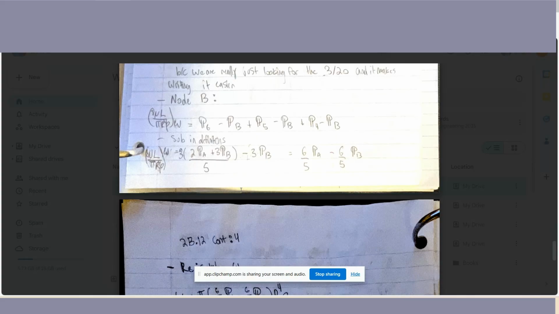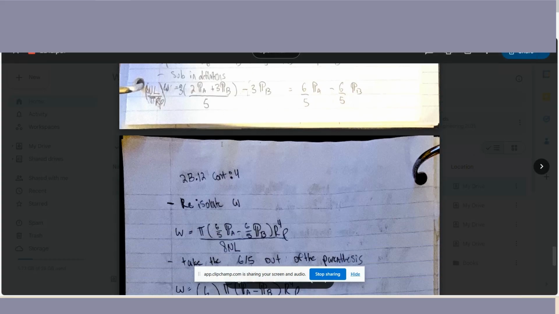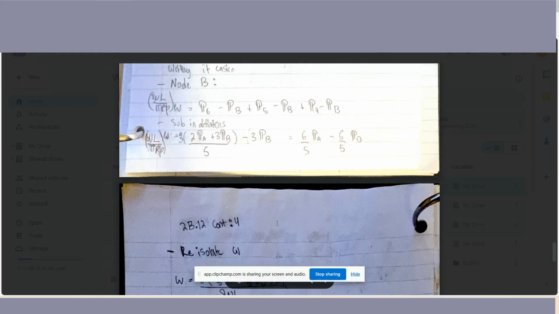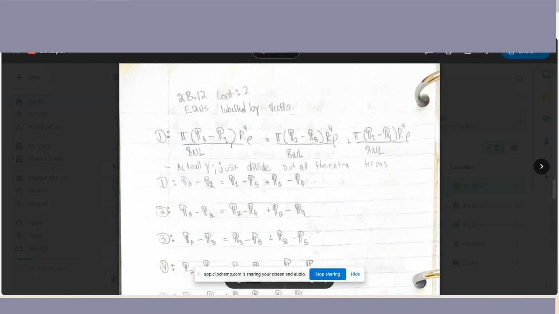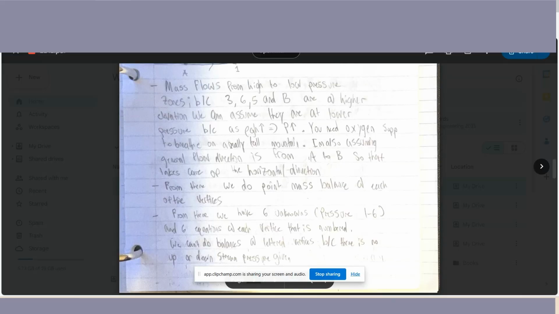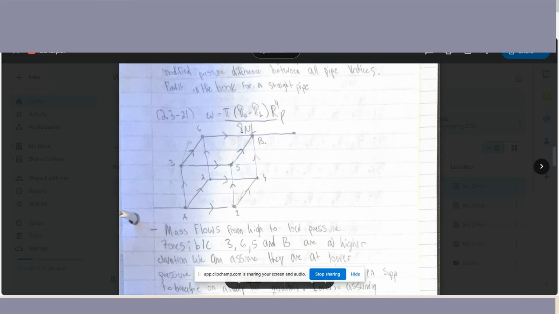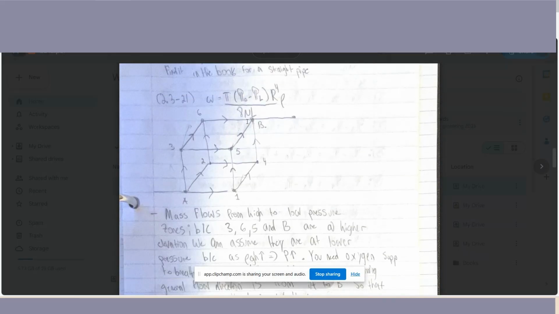So now we are just simplifying this to this, and then we multiply back over all these terms so that it has all of the pi, the 8 over mu L, the r squared and the rho, like the original equation, but with different pressures, obviously.